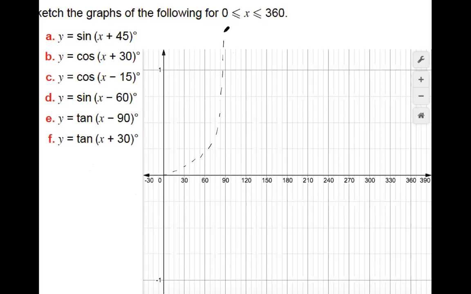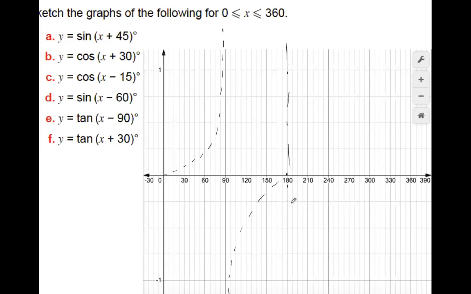So that would be my tan signal, right? And with tan, instead of 1, that would be a much bigger number. And it would come back down here, and it would cross here. So that would be my tan, because that would be my period.